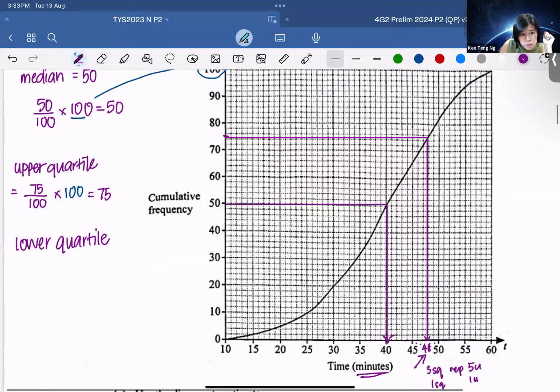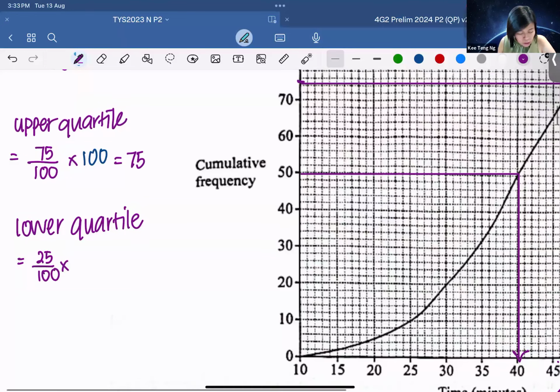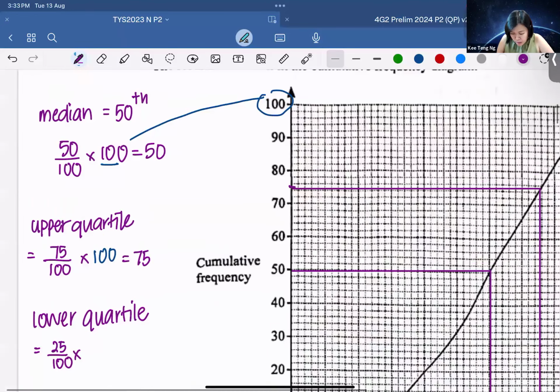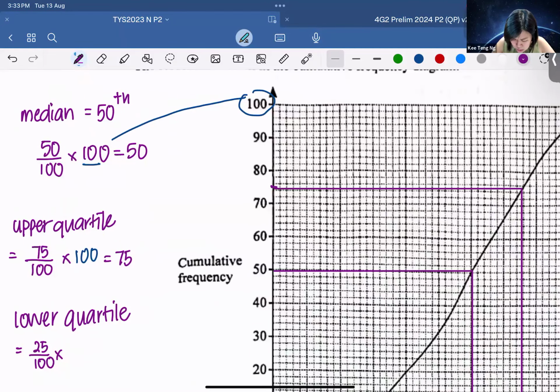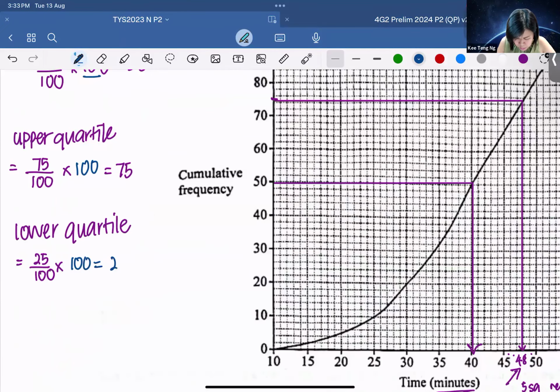Where is the lower quartile? Lower quartile, how many percent? 25, thank you. 25% of my total. The total is the number over 100, so times 100 is 25, happens to be 25, not all the time.